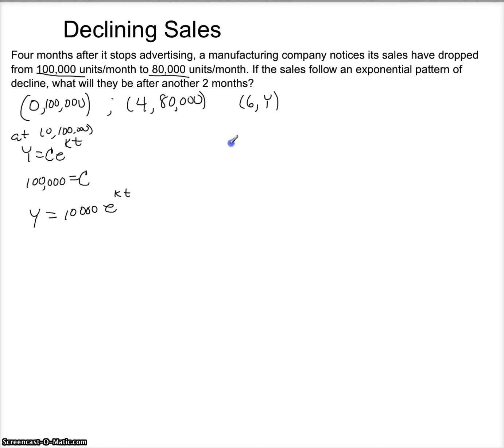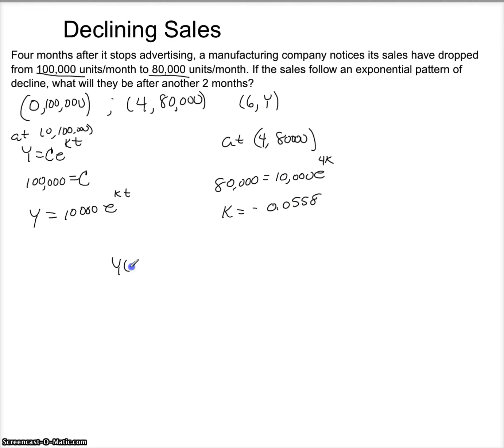Now put in (4, 80,000). I have 80,000 is equal to 100,000 e to the 4 times k. Solving this for k, I get k is about negative 0.0558.